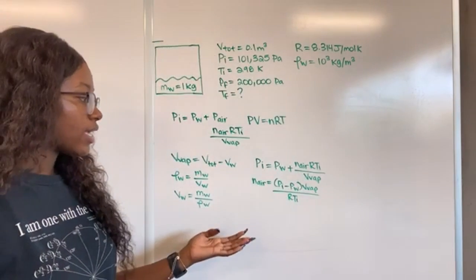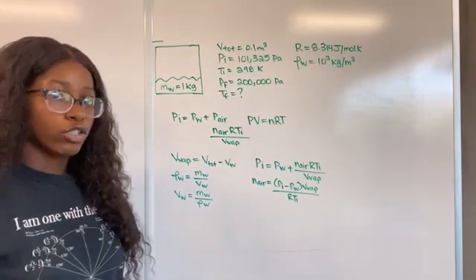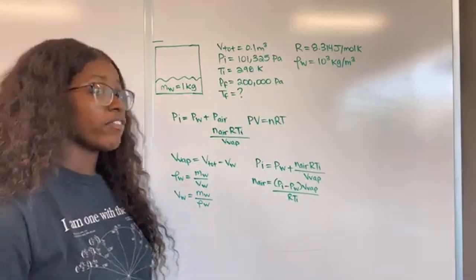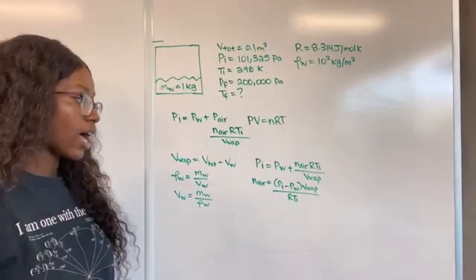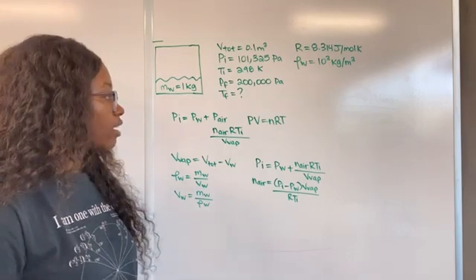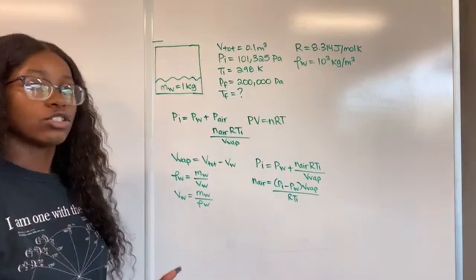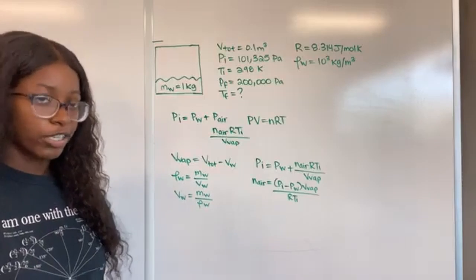And so we get that the moles of air in the container is equal to the initial pressure minus the partial pressure of water times the volume of the vapor phase divided by the ideal gas constant times the initial temperature.